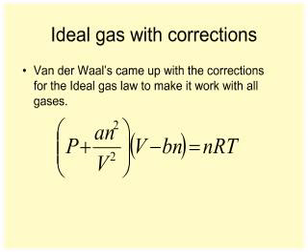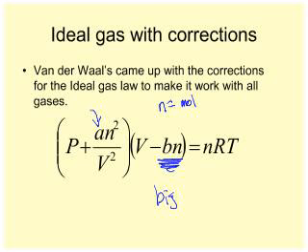Ideal gas with corrections. Van der Waals came up with the corrections for the ideal gas law to make it work with all gases. By the way, the n here equals moles. The AP equation got rid of the n on one side and made it all funny. But basically, you have to know what B and A stand for.